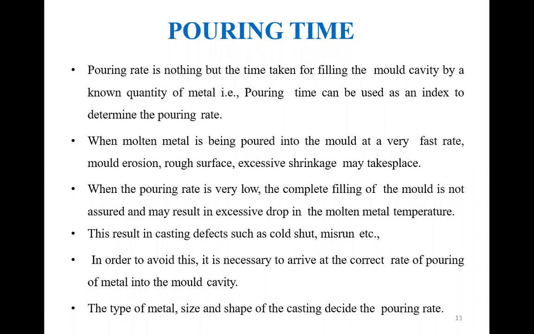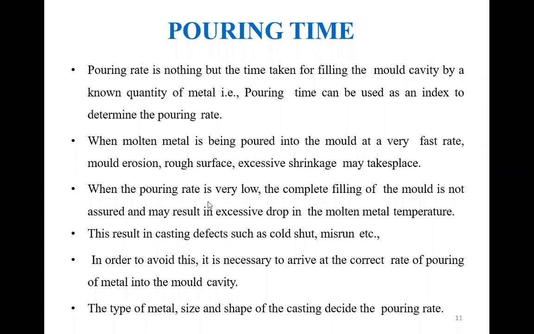When it is very slow, it is also not acceptable, because whatever molten metal you sent into the cavity starts to solidify, so you are again pouring more molten metal. When the pouring rate is very low, complete filling of the mold is not assured and it results in an excessive drop in the molten metal temperature.